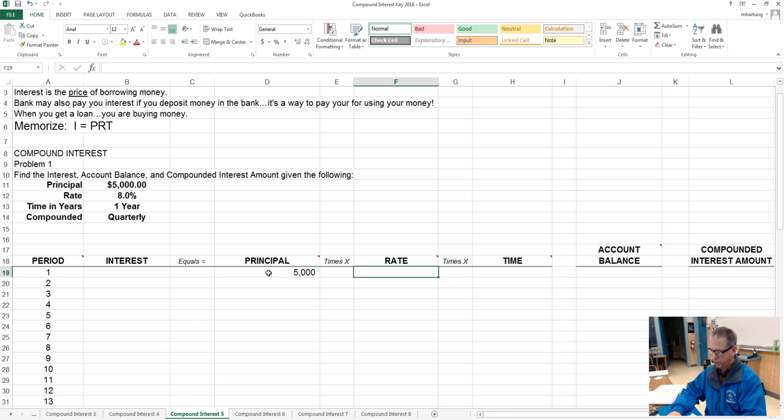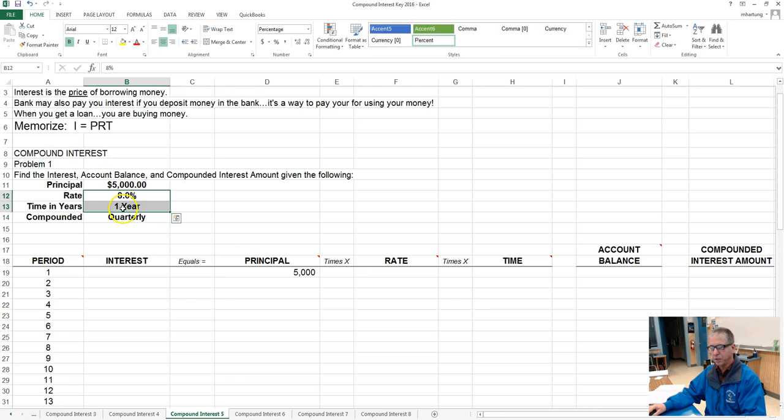Now, this is where we need to pay attention, because this rate is a yearly rate, 8% per year, but we're going to be compounding every quarter. So we are going to have to adjust that rate and make it a compounding rate based on our compounding periods, which is 4. Quarterly is 4 times. So we're going to have to divide that interest rate by 4 in order to have the appropriate compound interest rate.